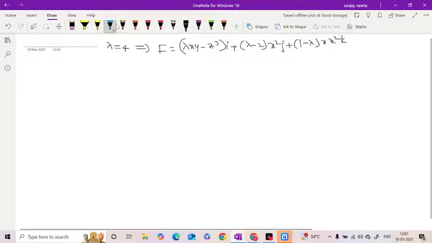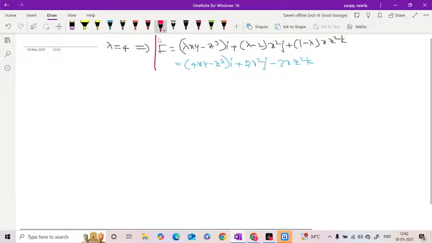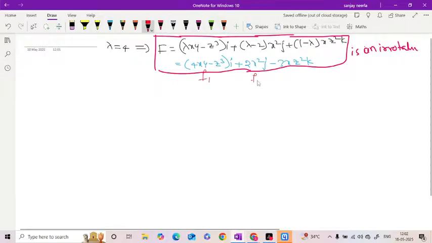After substituting lambda equal to 4, our vector is 4xy minus z cube I plus 2x square j minus 3x z square k. This is our vector, and it is an irrotational vector. In this one we know that this is f1, this is f2 and this is f3. Directly we will solve.